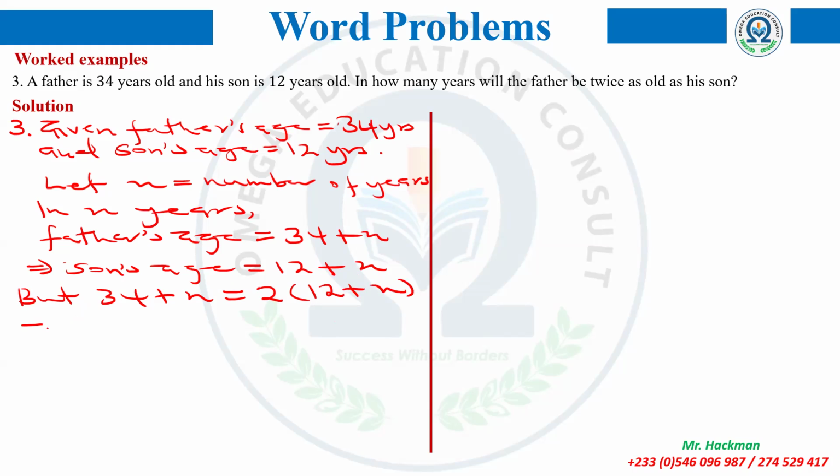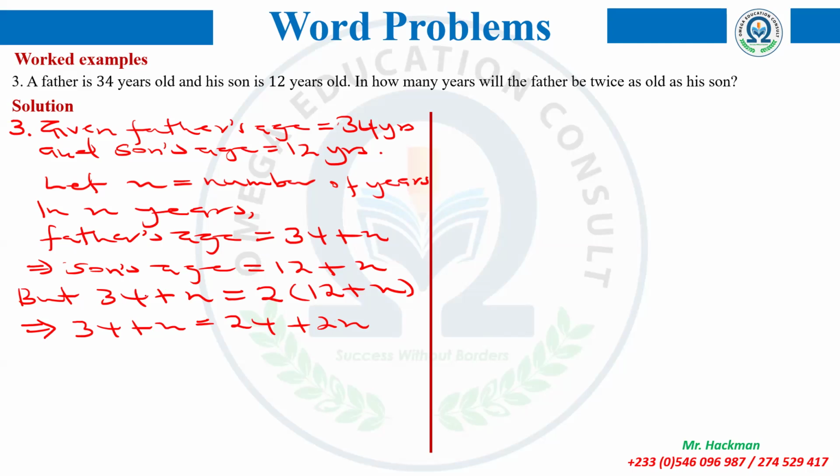So this implies that 34 plus x will be equal to, when you expand, 24 plus 2x. All correct? Once you form your right equation, you are more than good to go. It's a simple linear equation which we should all be able to solve.